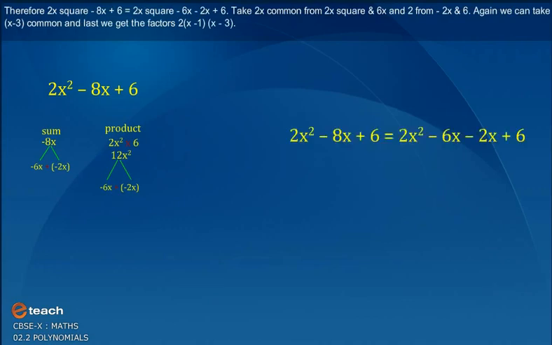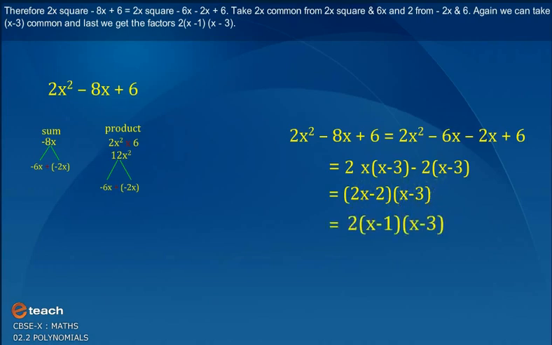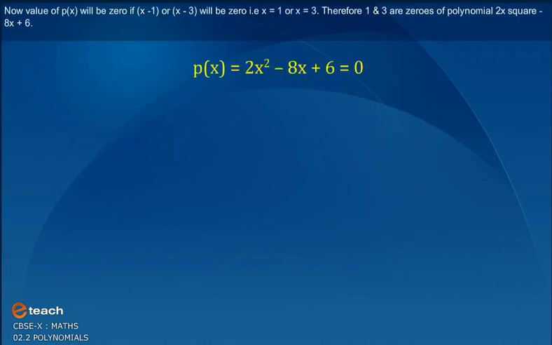Therefore, 2x square minus 8x plus 6 is equal to 2x square minus 6x minus 2x plus 6. Take 2x common from 2x square and 6x, and 2 from minus 2x and 6. Again we can take x minus 3 common and at last we get the factors 2 into bracket x minus 1 into another bracket x minus 3.